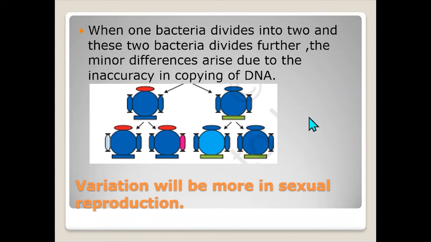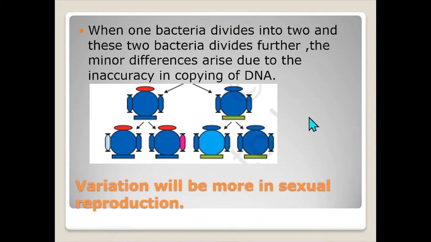So let us see what is happening in sexual reproduction. We all know that in sexual reproduction the fusion of male and female gametes takes place, right? So here in the case of sexual reproduction the chances of variation are more. How? As you can see, in humans we have 46 chromosomes. The chromosomes occur in pairs, so we have 23 pairs of chromosomes.